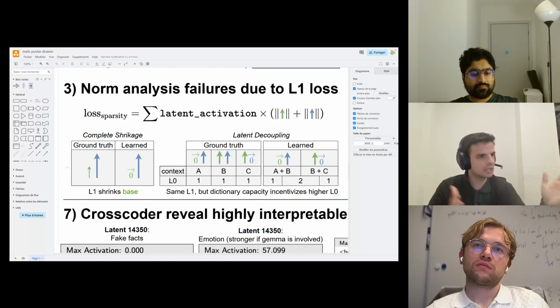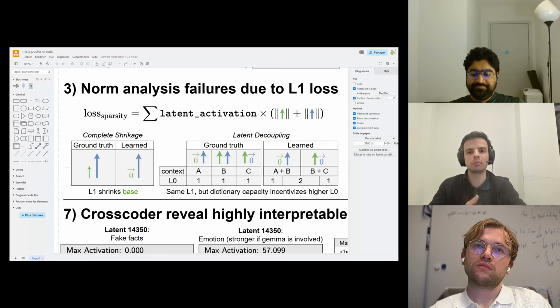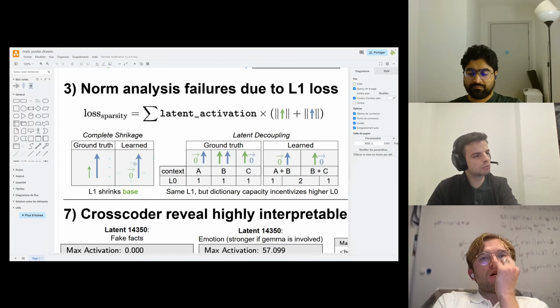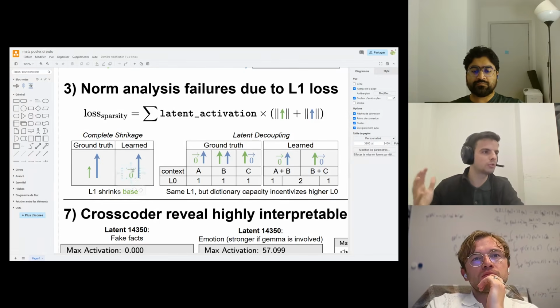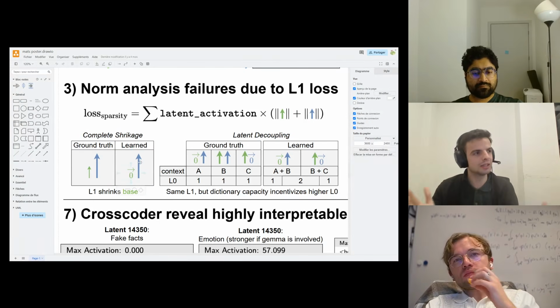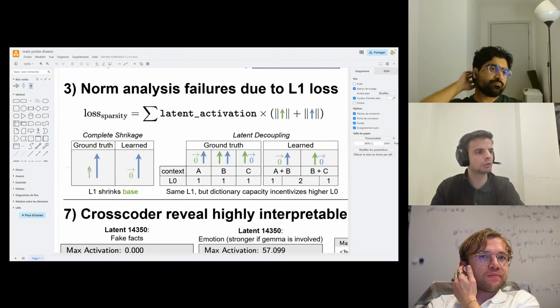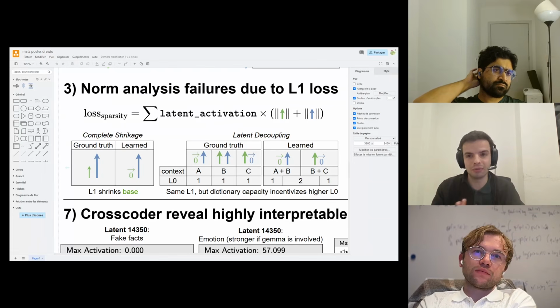What can happen is that the sparsity loss shrinks this, because the penalty of having this feature active in the base model is higher than the benefit of reconstructing the base activation. So what would be learned is something like a zero vector for the base model and a non-zero vector for the chat model, but what is actually present in the activation is more like a smaller vector for the base model. So that's the first theoretical issue we see with this loss.